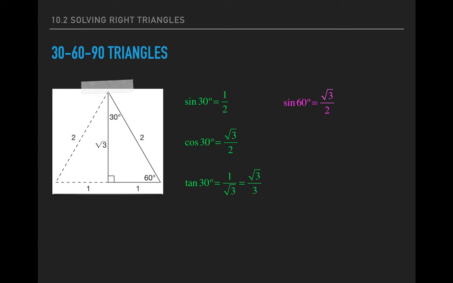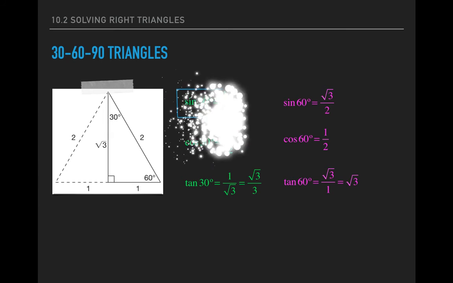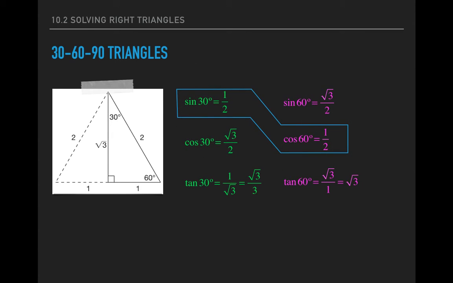Now from the other angle, 60, sine of 60 would be the square root of 3 over 2. Cosine of 60 would be 1/2. And tangent of 60 would just be the square root of 3. Now, do you see something here that's really fascinating? Look at these two ratios.